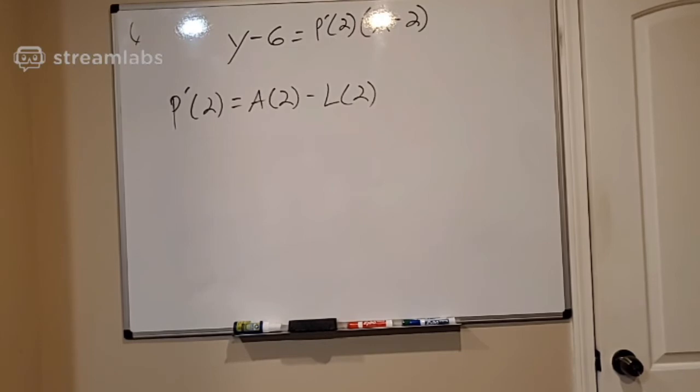Anybody need me to do any part of that one? Okay. Part B, the graph of W is concave up. Use the tangent line to the graph of W to show. So the tangent line should hopefully have been pretty easy.